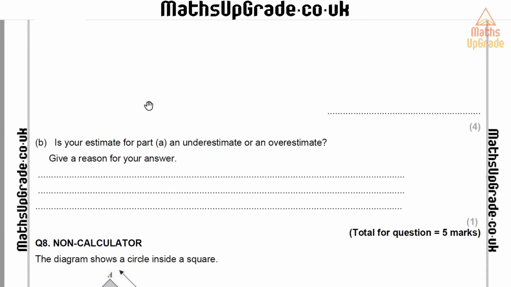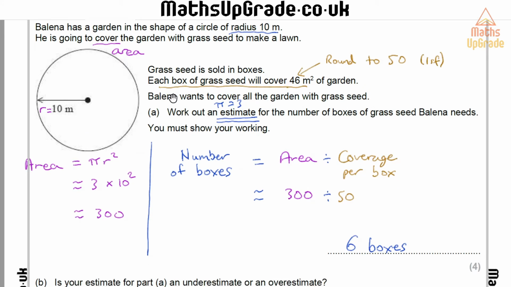The next part of the question says, is your estimate for part A an underestimate or an overestimate? Give a reason for your answer. Well, remember in this question what I've done is I've rounded pi slightly down, because the real value of pi is 3.14. So I've rounded it slightly down, and also the coverage per box I've rounded up.